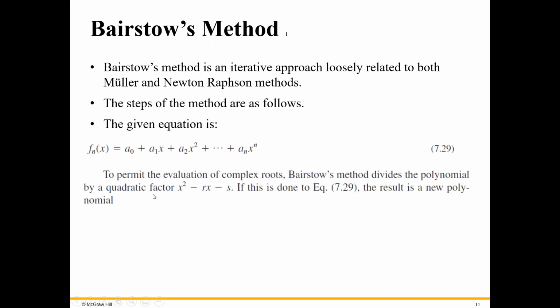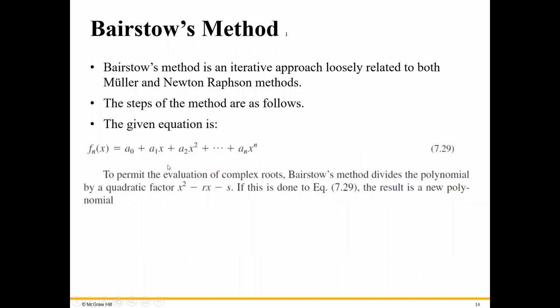Now I am explaining the Bairstow's method. We want to find the roots of this polynomial equation. The methodology is that we take a factor of this polynomial in the form of a quadratic, x square minus rx minus s.